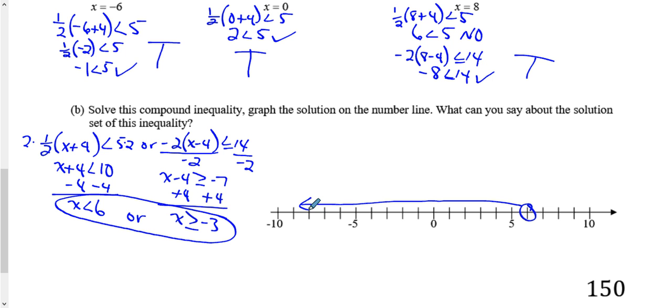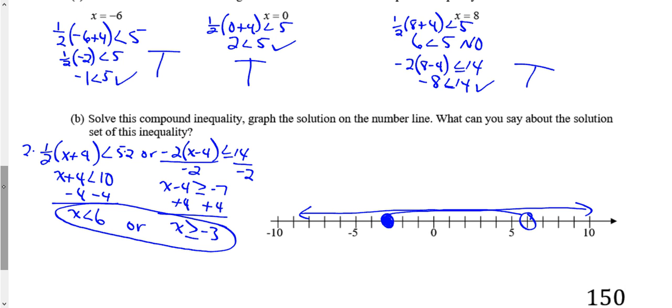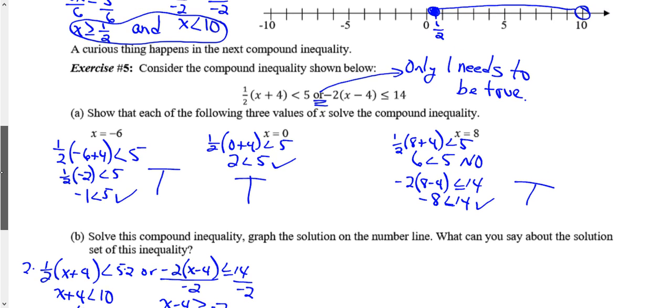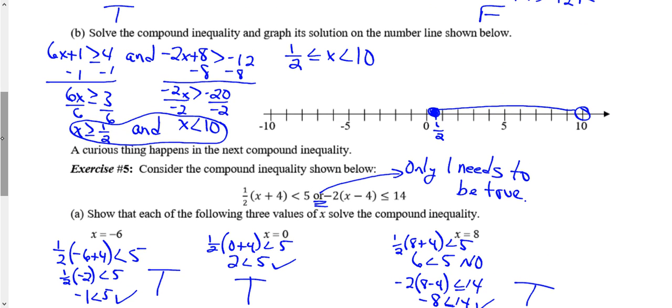Can't you just combine them like we did in the last one? You mean like this up here? You can only do that with the and type. You can't combine them like that with the or.